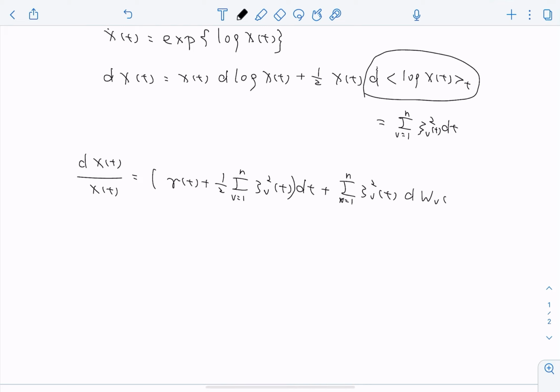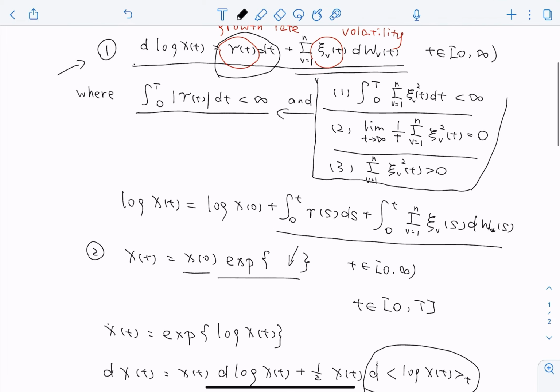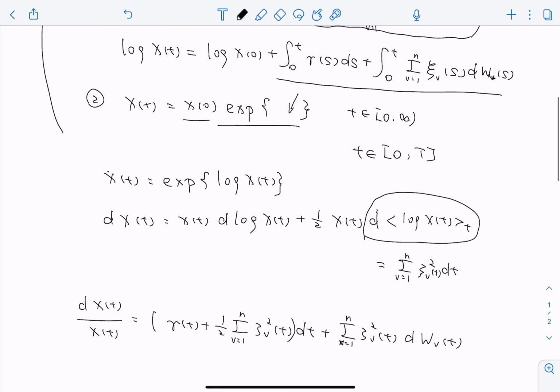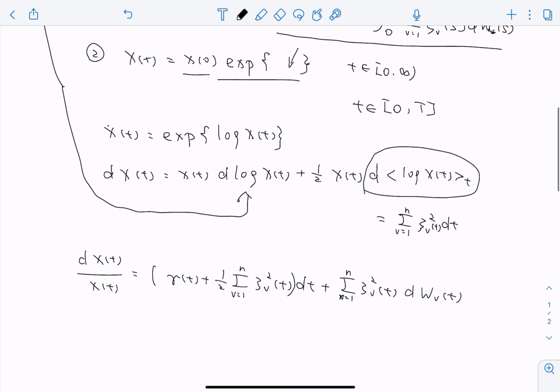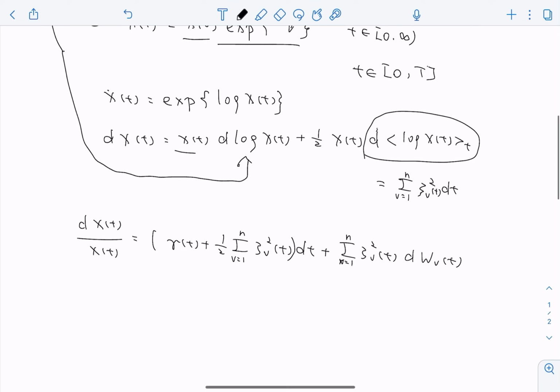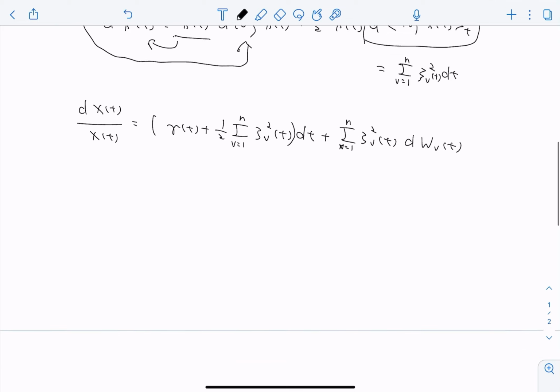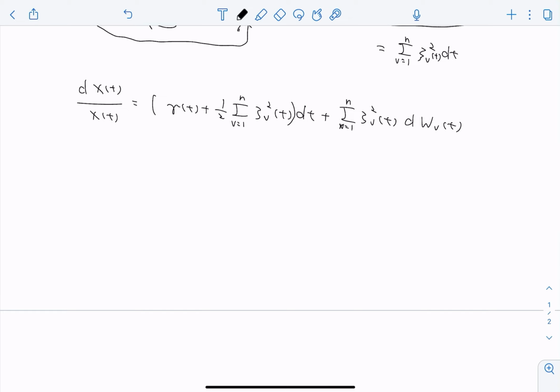It's simple: we just put the definition into this term, and then put X of t on the left side of this equation. So we get a new stochastic differential equation, and this is also a continuous semi-martingale.